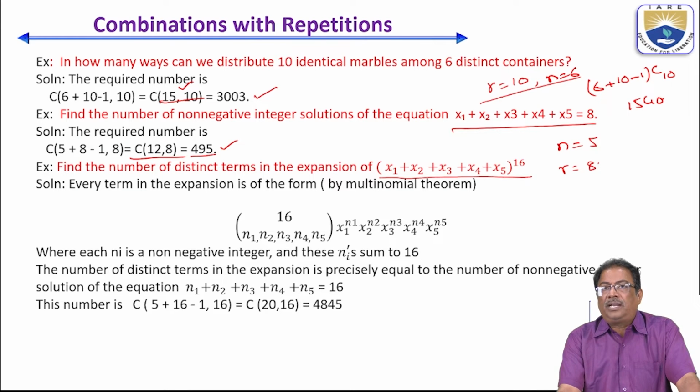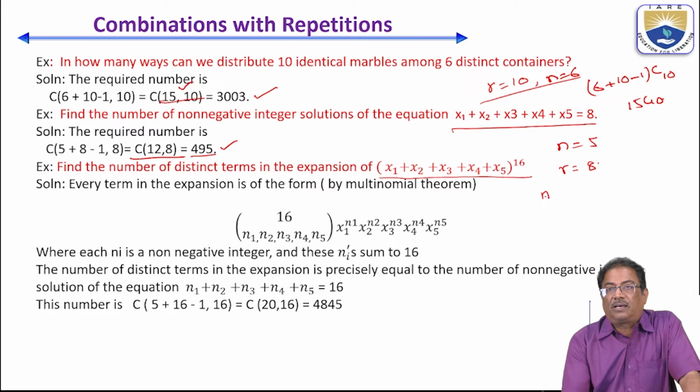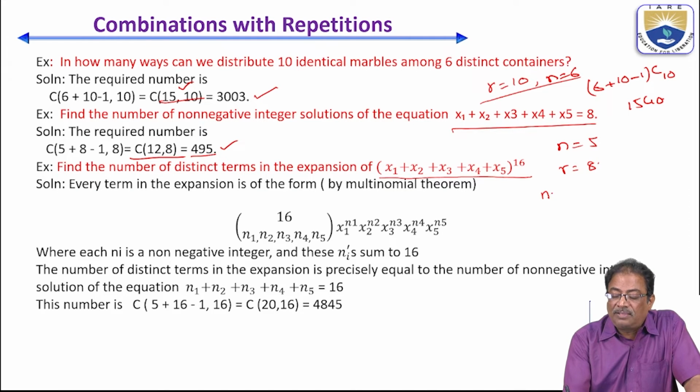So how many distinct terms will exist? For that we are going to use the multinomial theorem. It is the coefficient of x1 to the power of n1, x2 to the power of n2 and so on, xt to the power of nt, as n factorial by n1 factorial, n2 factorial and so on, nt factorial.